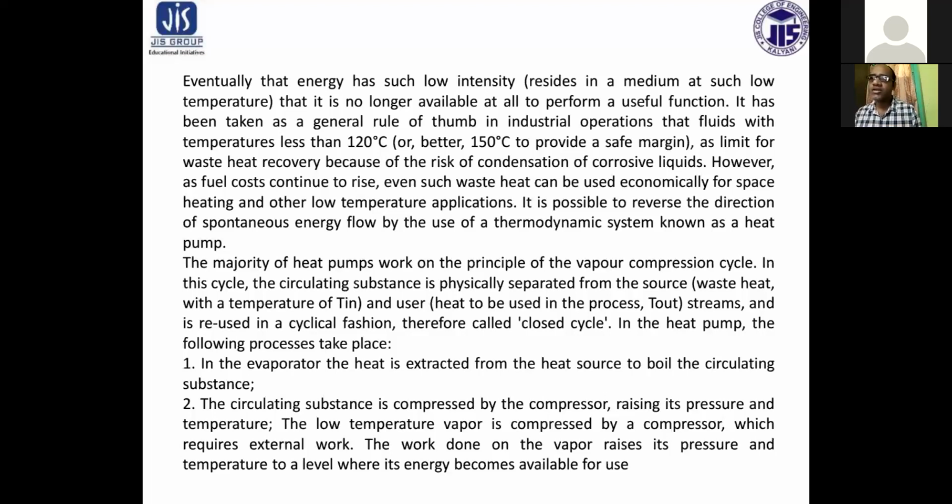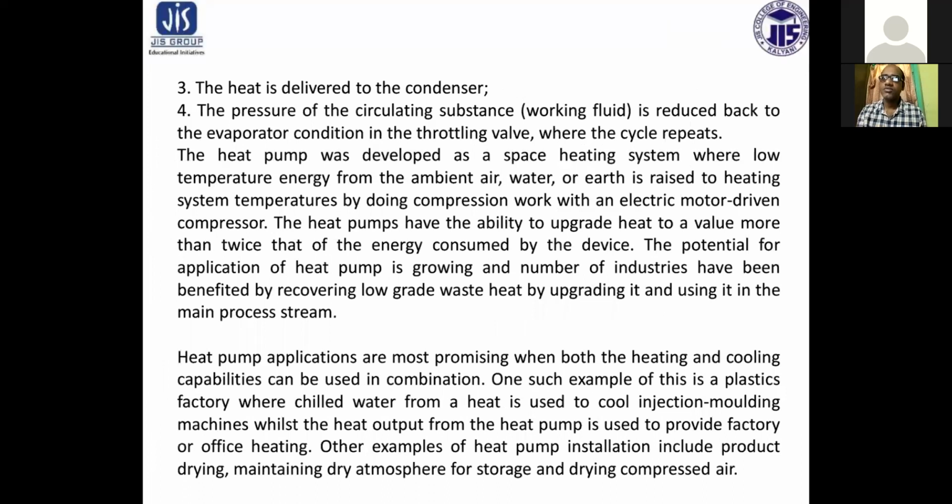The work done on the vapor raises the pressure and temperature to a level where its energy becomes available for use. Number three, the heat is delivered in the condenser.